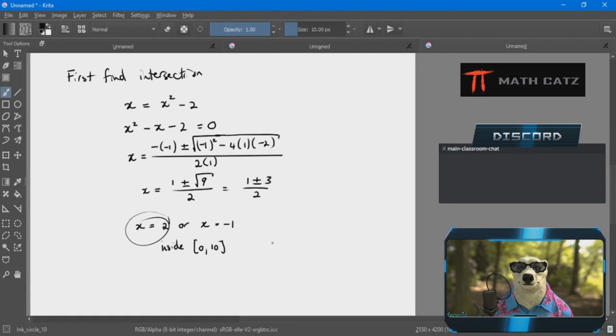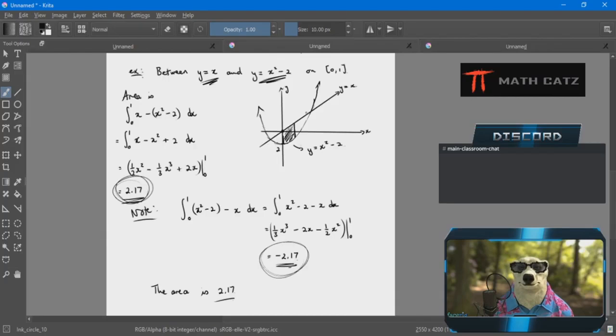So if I were to graph them, let's just pick the previous example we have, they cross over inside my 0 to 10 interval. And I'm now looking for this area and this area. And I don't have a top staying at the top and the bottom staying the bottom.